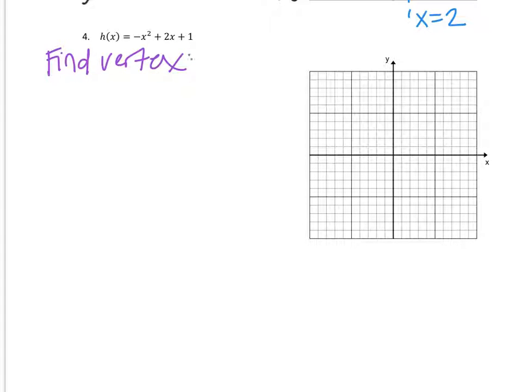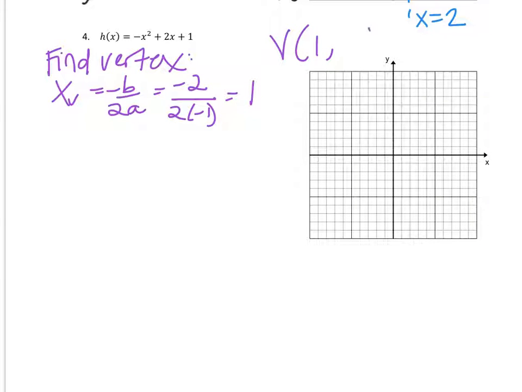We're going to start with the x part of our vertex as the opposite of b over 2a. So this would be the opposite of 2 over 2 times negative 1. So we have negative 2 over negative 2, so we have 1. So we know our vertex is 1 comma something. For the y part of the vertex, I'm just going to plug in that 1.